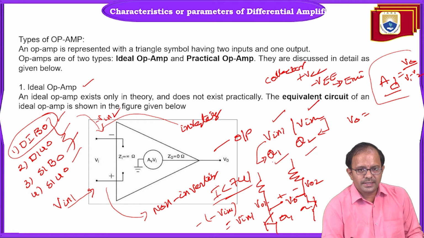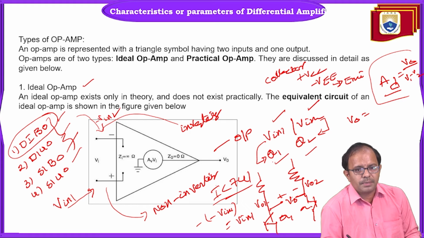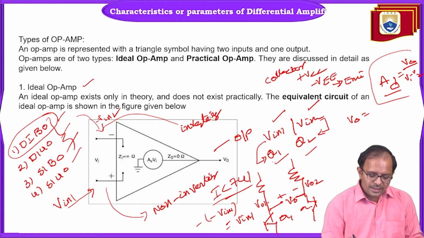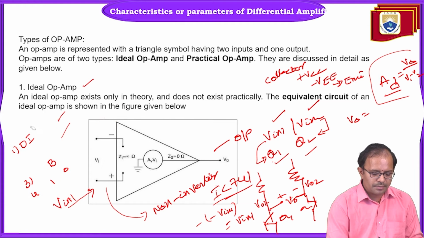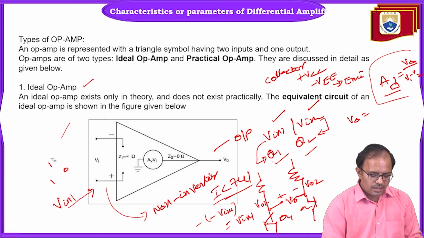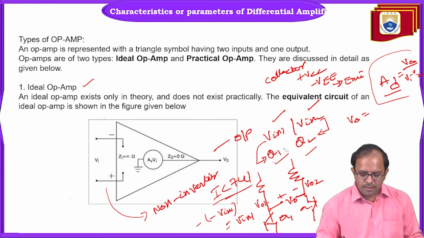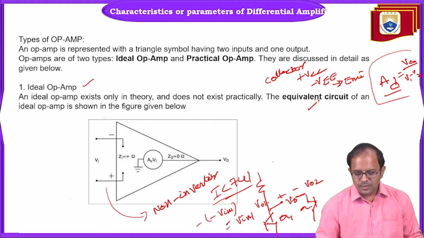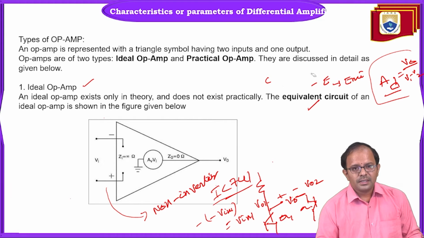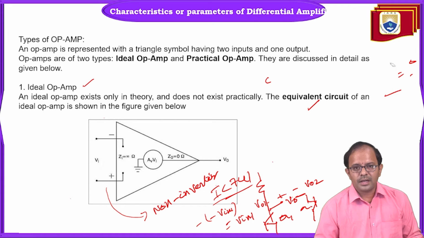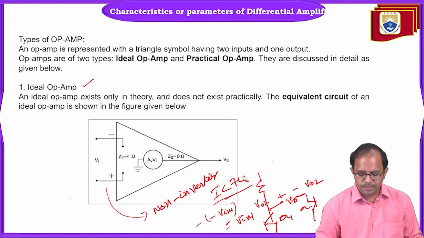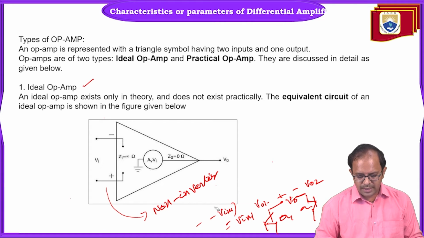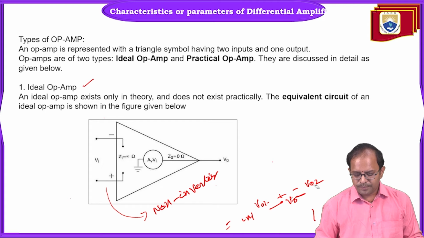Right. Now let us see the ideal operational amplifier and the practical operational amplifier. What are the differences between an ideal op amp and a practical operational amplifier? What is meant by ideal? What is meant by practical? Let us recollect the basic nature of the diodes, what is meant by an ideal diode and a practical diode.